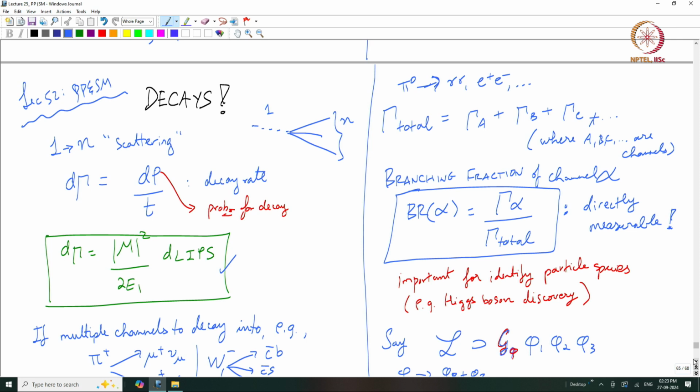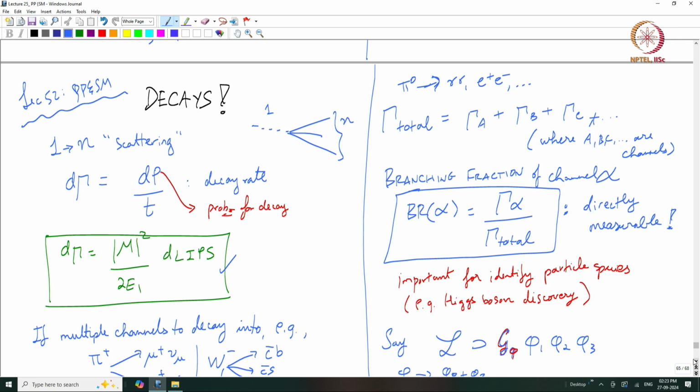and in particular from this expression you separated out a Lorentz invariant term, which is the Lorentz invariant phase space, right, dΦ. Then what you are left with is the amplitude squared divided by the energy, but it is just the energy, right, I did not write down the invariant mass or anything, the energy of the initial state, right.